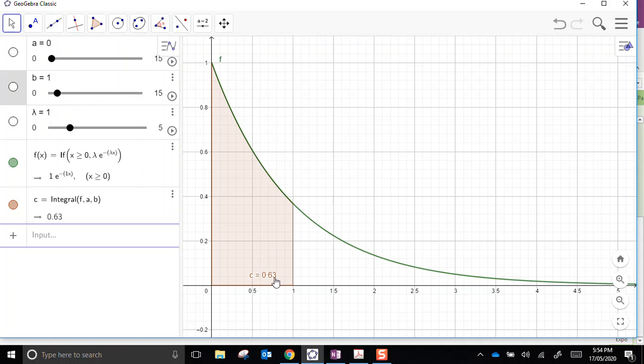The chances that this variable will lie between 0 and 1 is 0.63. What if I increase that a little bit to, I'm trying to stop on 0.5. There. The chances that this variable is between 0.5 and 1 is 0.24. So you can answer these probability questions by calculating areas under these graphs, by calculating integrals.